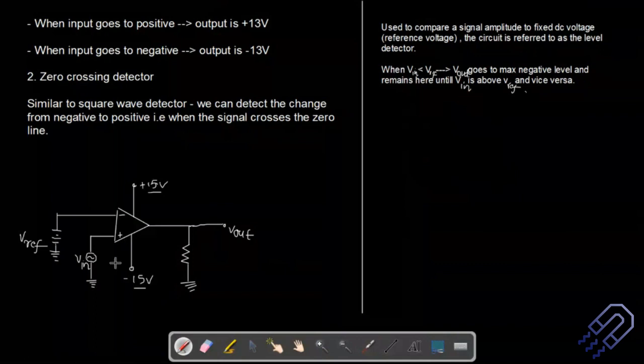Once this V input goes above the V reference, it will shift to the positive side. So this is also a kind of zero crossing detector, which is nothing but the level detector.